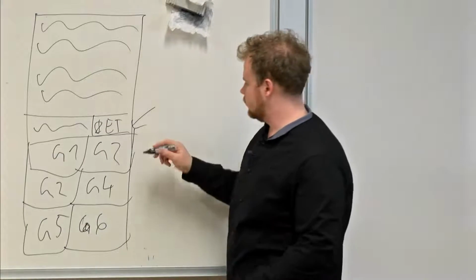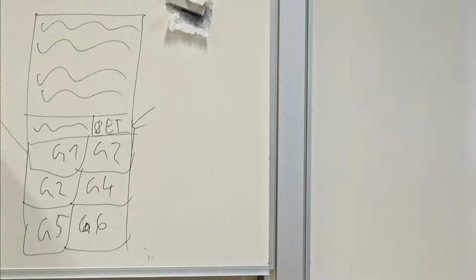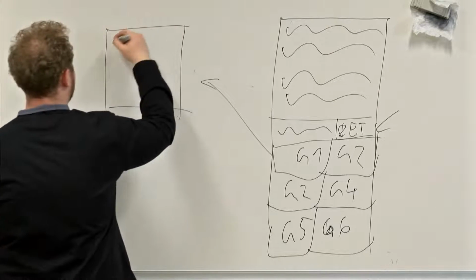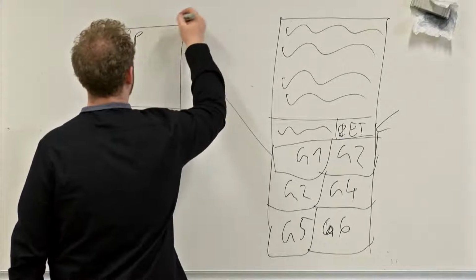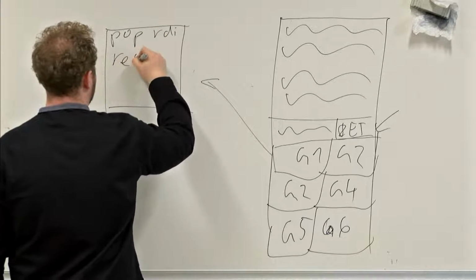One of these points to some place in memory where valid instructions are, for instance, pop rdi; ret.